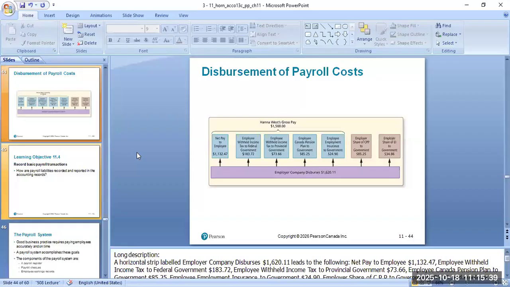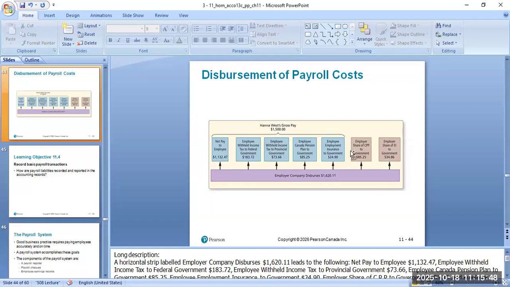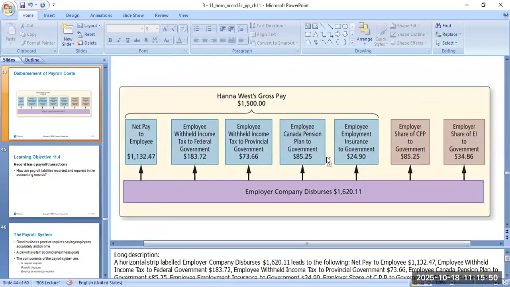Now let's see how this is going to work. If Hannah's gross pay is $1,500, that means Hannah is never going to get $1,500. How much is she going to get?